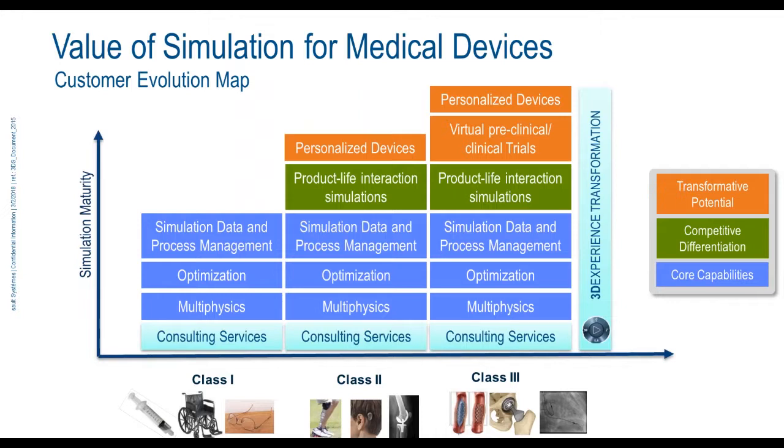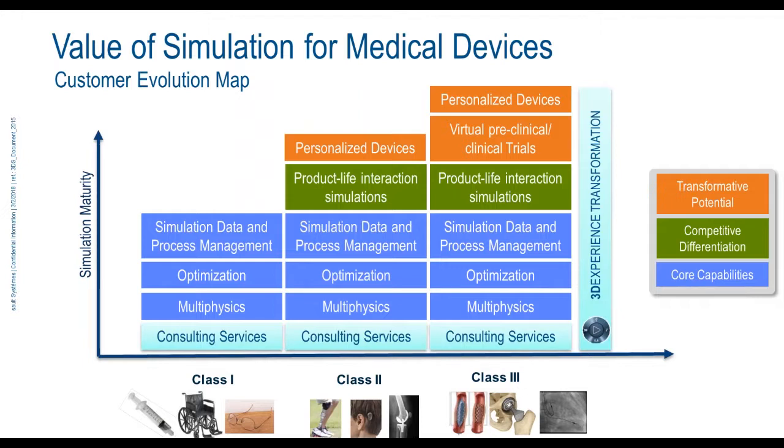And we can see that core simulation capabilities like multiphysics, optimization, simulation data, and process management are at this point well appreciated and increasingly being deployed across all device makers. We also see that class 2 and class 3 device makers are beginning to increasingly simulate the interaction of the device with the body rather than just simulating the device to supplement or potentially replace experimental bench tests.